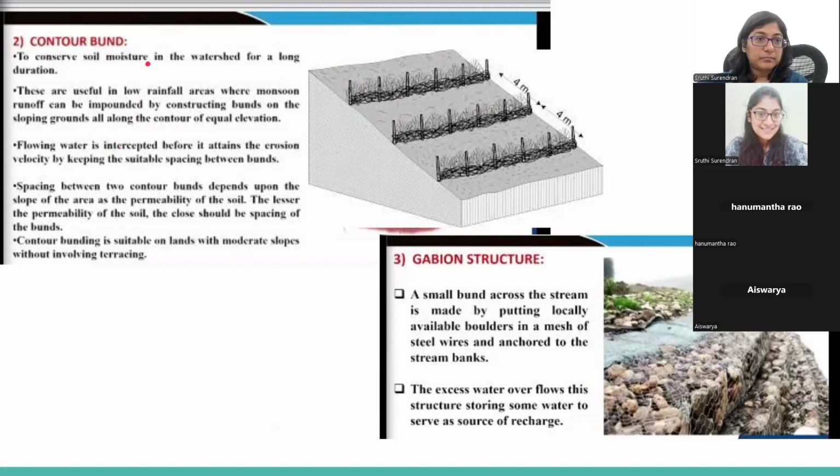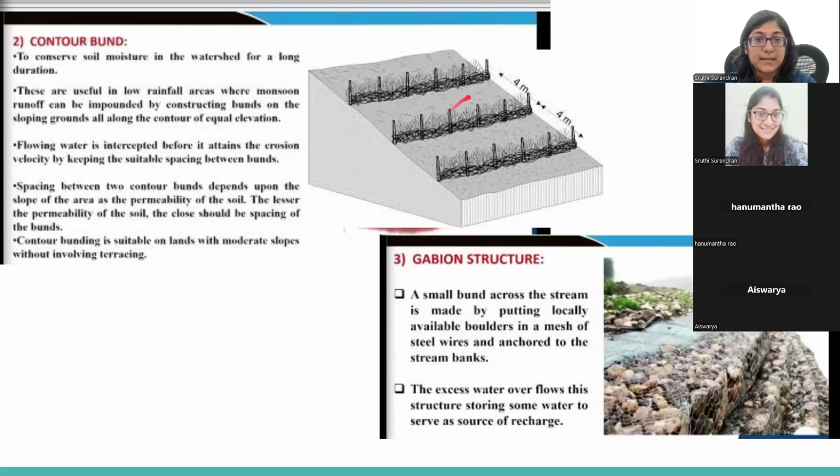This helps in conserving the soil moisture in these areas for a long period of time, and is particularly useful for regions having low rainfall where the monsoon runoff can be impounded by constructing these bunds.